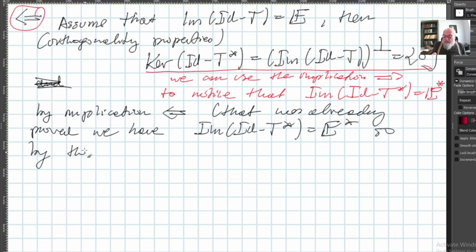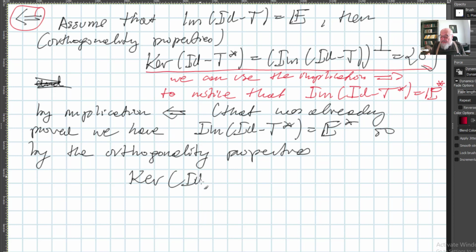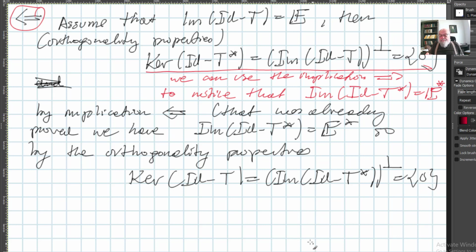So by the orthogonality property, we also have here that the kernel of identity minus T, which is the same as the image of identity minus T star perpendicular, must be equal to 0.